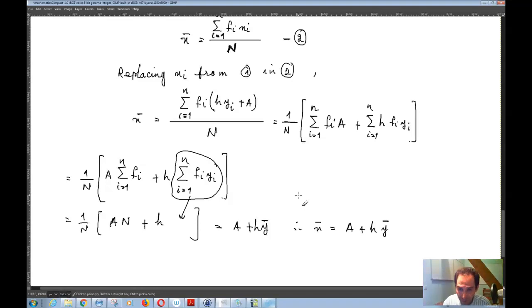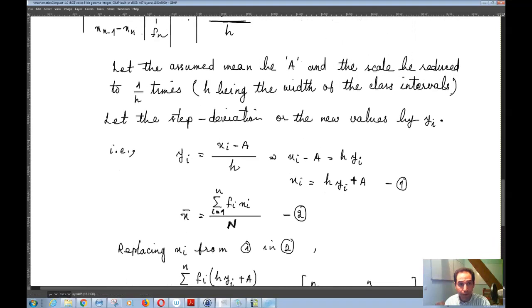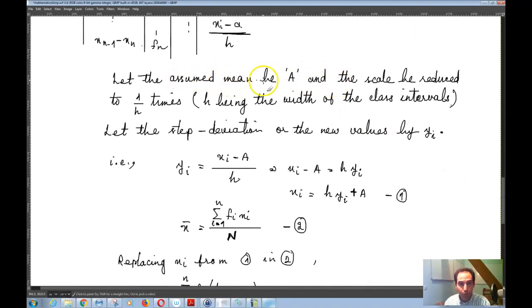x bar is the same thing as a plus h times y bar. Now a was the assumed mean, and y of i was basically the new values of x of i, right?